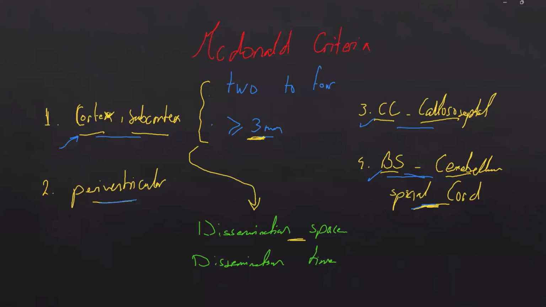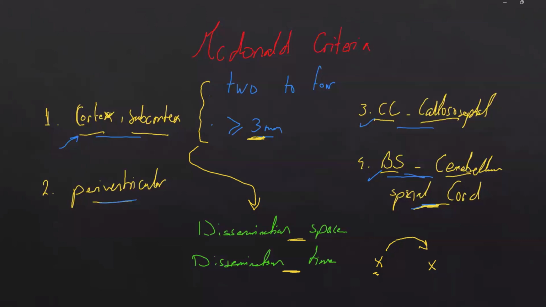Dissemination in time means that if we have a baseline study done, for example, 2 weeks ago or 1 month ago, and we have a follow-up study, and between both studies, some new lesions appear in the new study, or some of the old lesions appear partially obscured or disappeared in the new study.